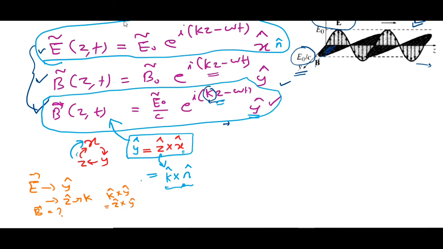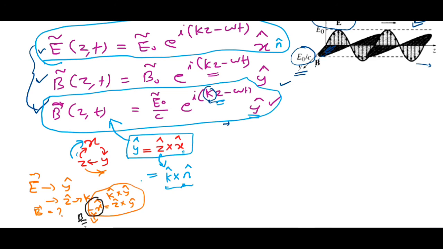Z cross y will be minus x direction. Therefore your magnetic field will be along the minus x direction. This is the answer.